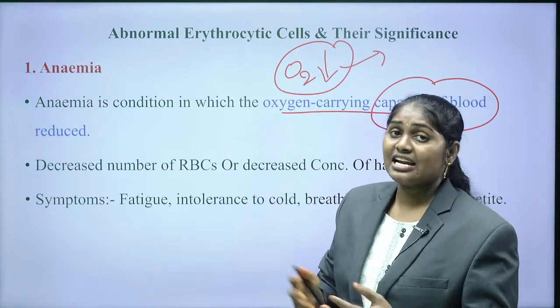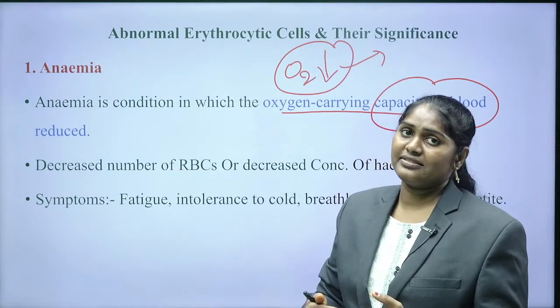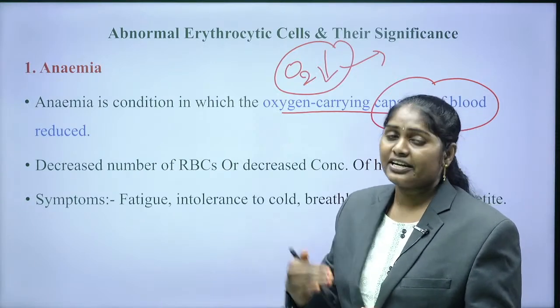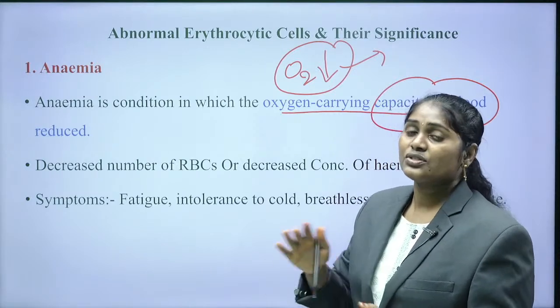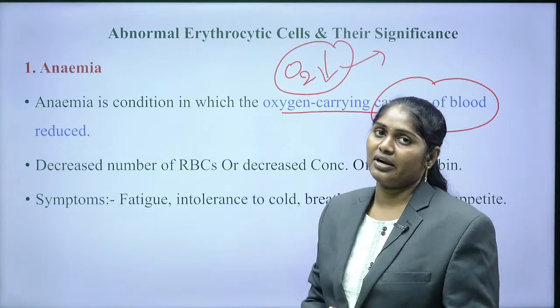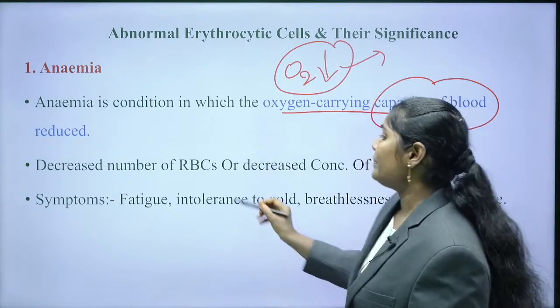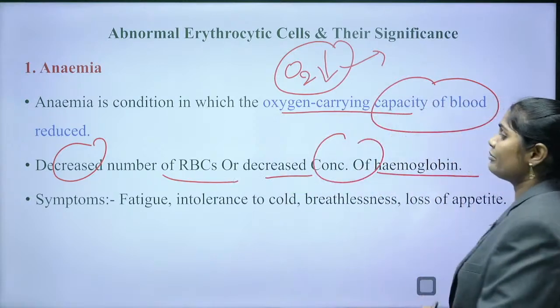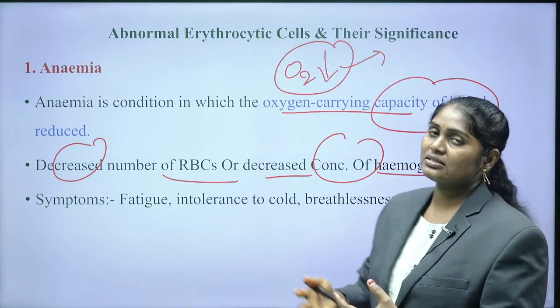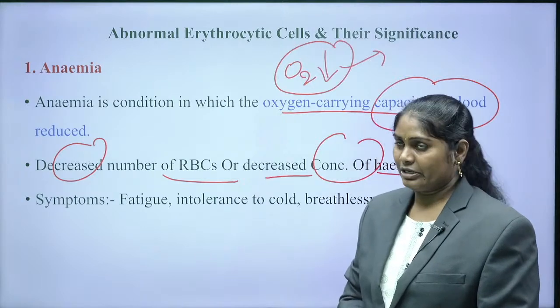RBC cells. That means a reduction of RBCs or a decreased amount of hemoglobin, either one. That condition is called anemia.